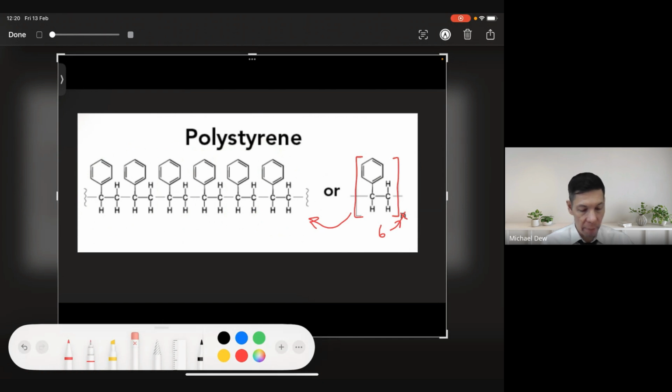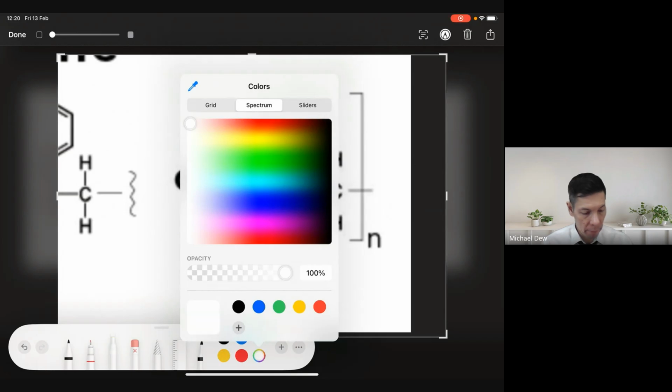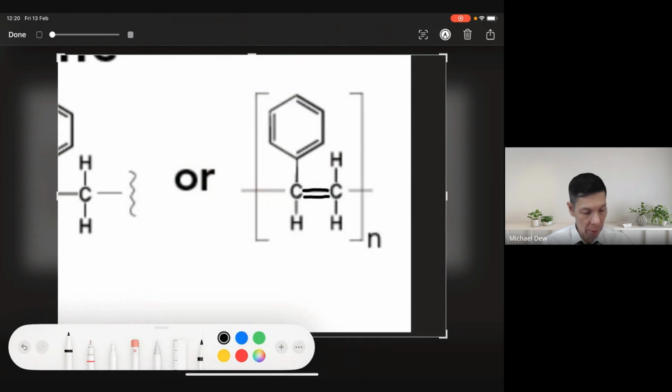So the styrene monomer, okay, would be just like this, but there would be a double bond here, okay? And then this would be gone. Okay, so we can denote that. So for a styrene monomer, we would get rid of the bracket. We would also get rid of that connecting bond.